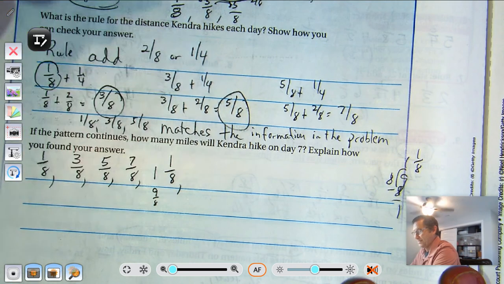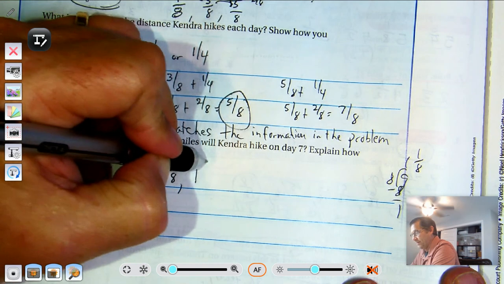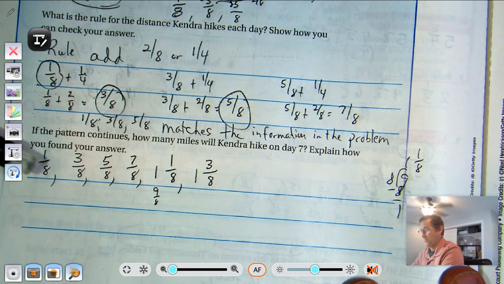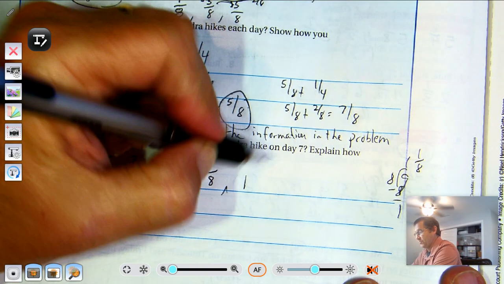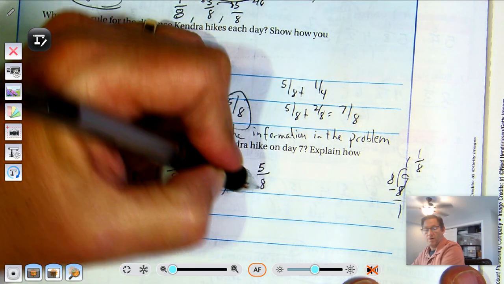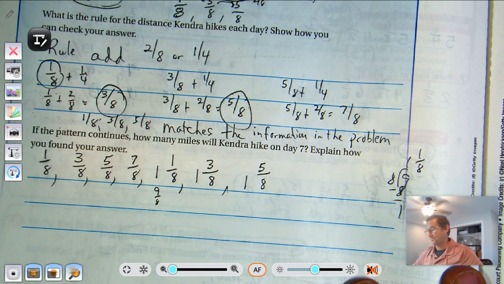1 1/8 plus 2/8 is 1 3/8. 1, 2, 3, 4, 5, 6 days. And plus 2/8, 1 and 5/8.